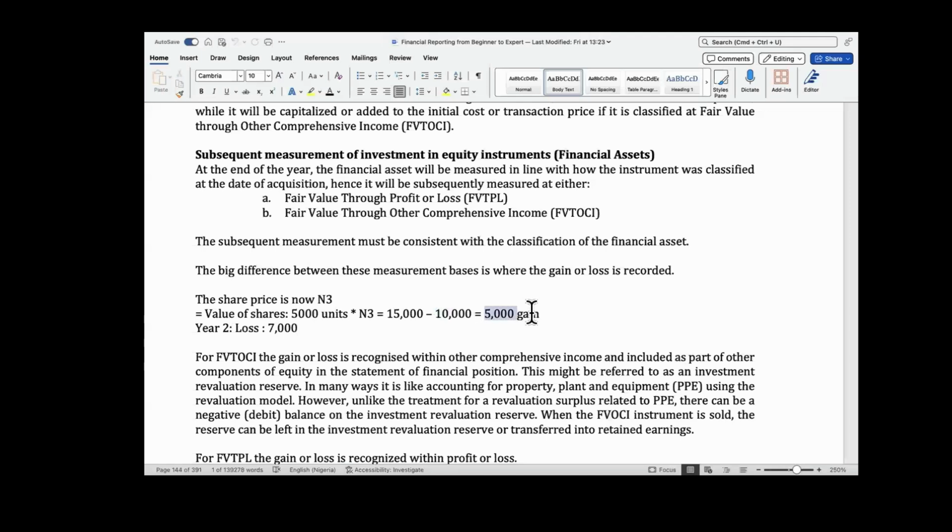It shows that this guy has made a gain of 5,000 naira. So this gain is what we are asking about: where will it go? If you are measuring it at fair value through POL, this gain will go to POL. But if you are measuring it at fair value through OCI, this gain will go to OCI. That is just the difference. It's no more than that.